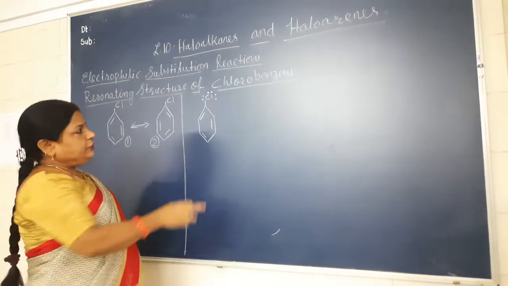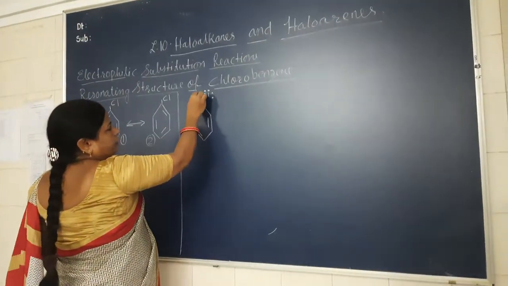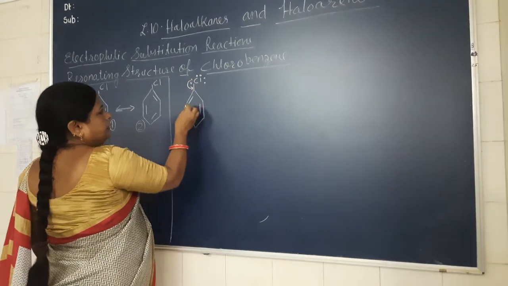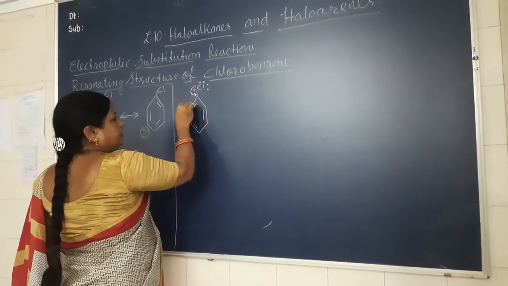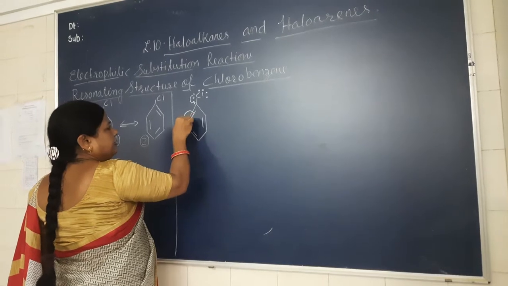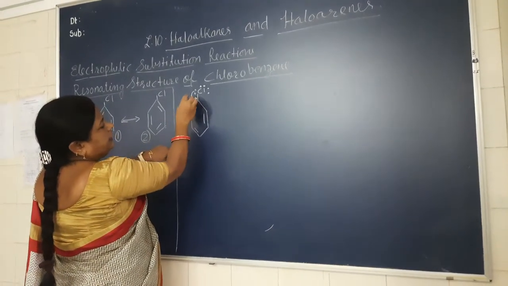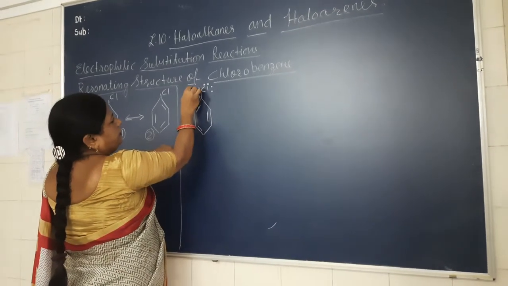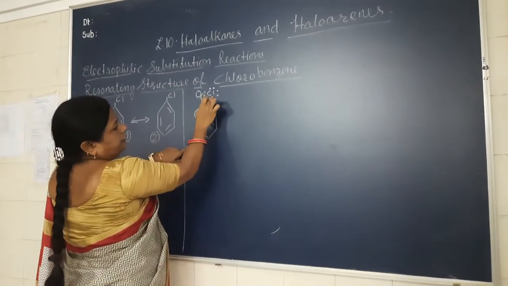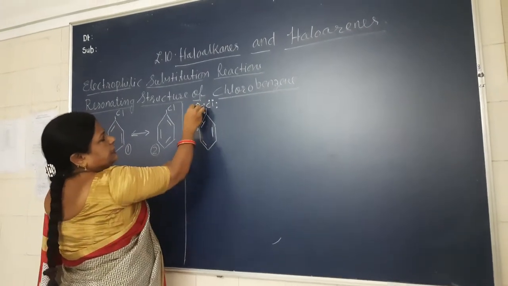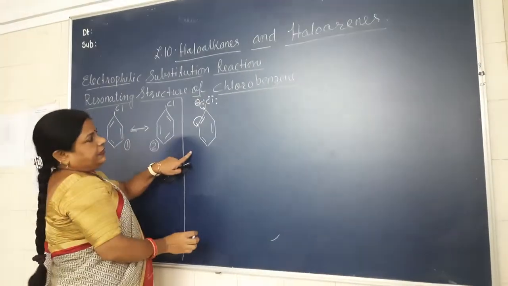Correct? So do you see? This lone pair of electrons will be transferred here, so this pi electron will come here. When this lone pair of electrons comes here, there will be a shortage of electrons in chlorine, so a plus charge will be there. You see the plus charge?